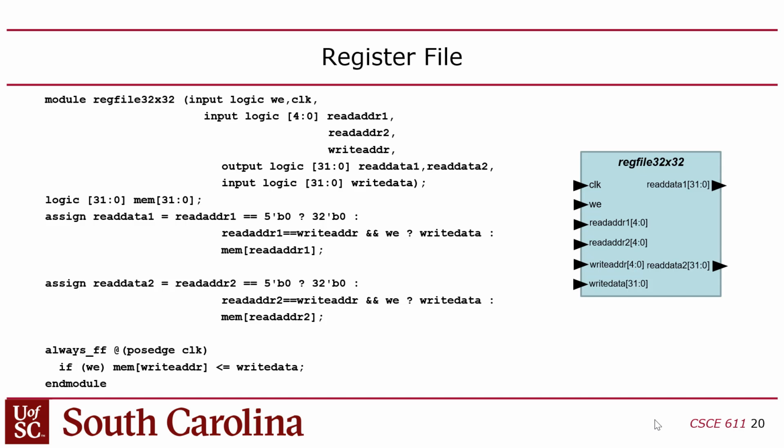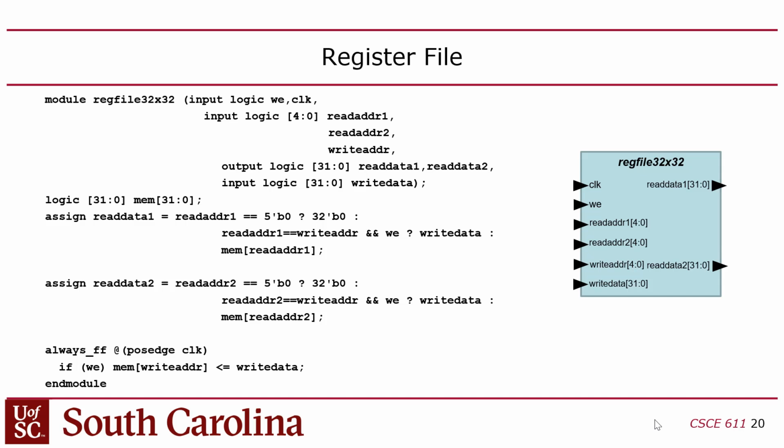He always criticized my style. He thought this was not readable, which it kind of isn't. I agree with him there. But he wrote his code a little bit more verbosely. But it behaves the same way.